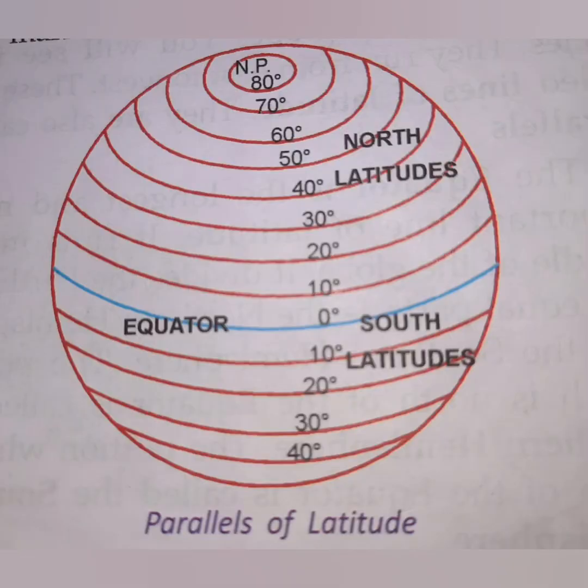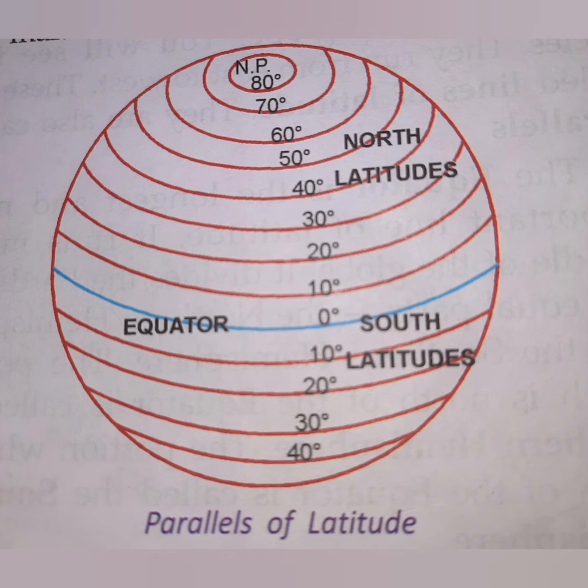Students, let me explain all these things with the help of a diagram. The lines of latitude or parallels are marked in degrees. There are so many latitudes you can see here, and all these parallels are marked in degrees. You can see in the diagram we have 10 degree, 20 degree, 30 degree.